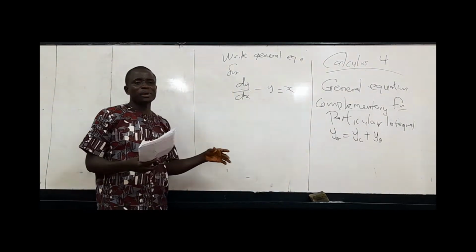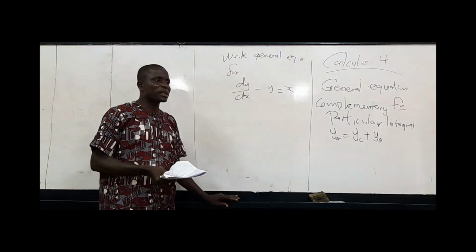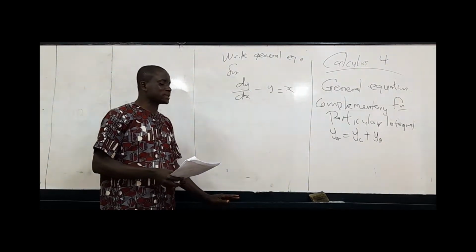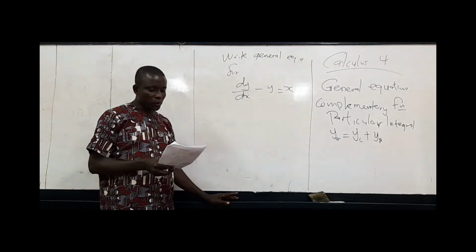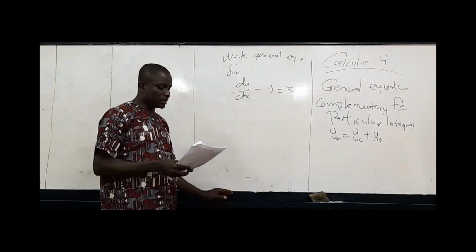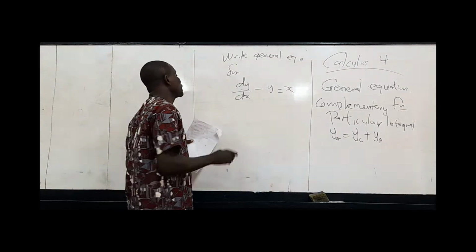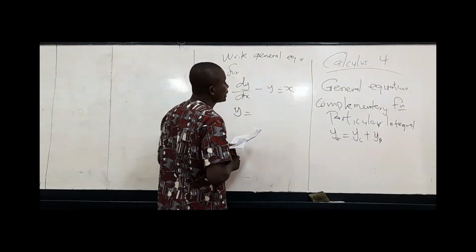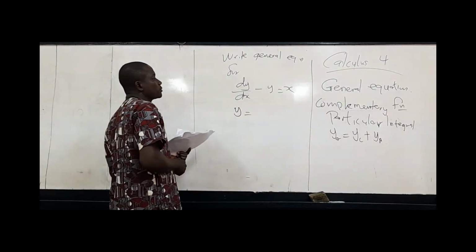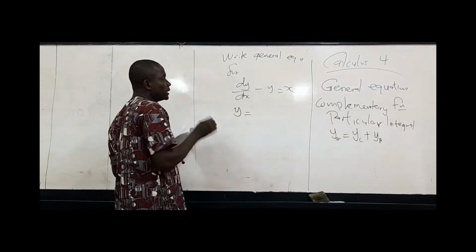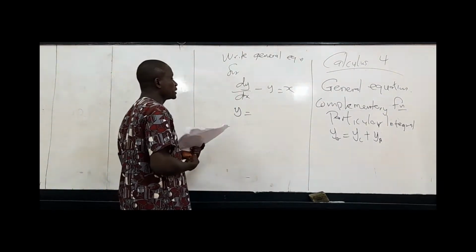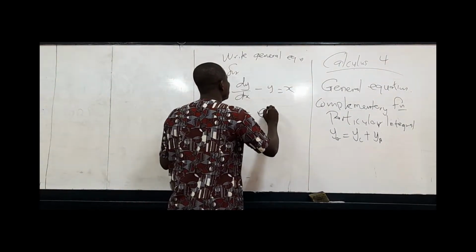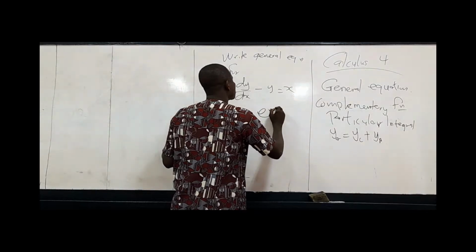Interestingly, I try as much as possible to avoid a lot of mathematical theory. So what we normally do is we say that our y, which is the complementary function, is given by e^(mx).